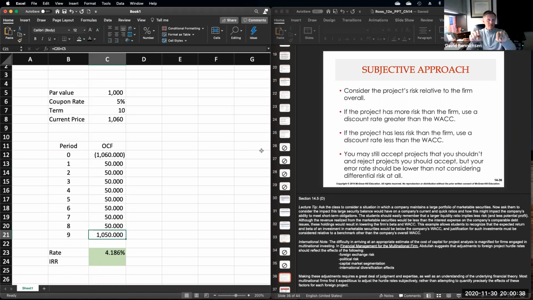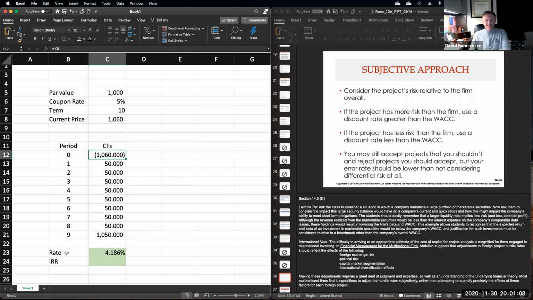Remember that? That got added to that final year's pro forma to determine that final period's free cash flow. This is no different. Operating cash flow or just cash flows from the bonds. Same concept.